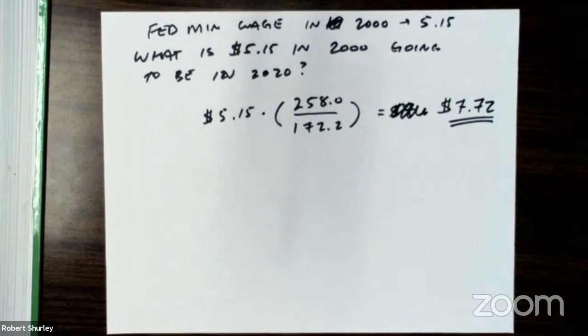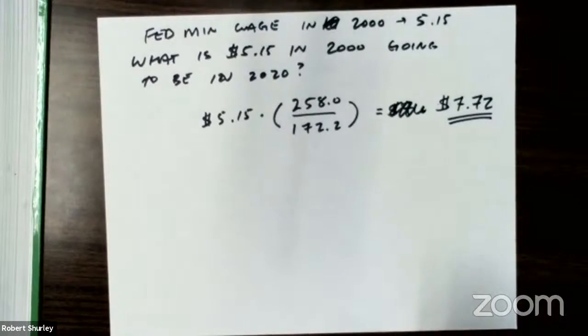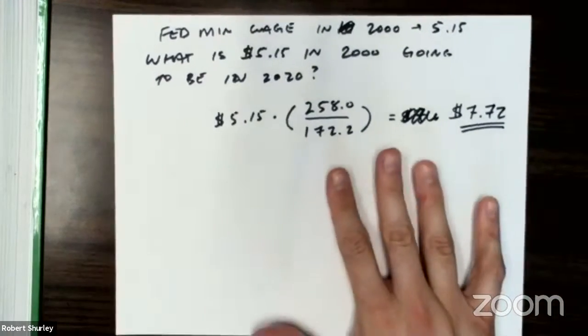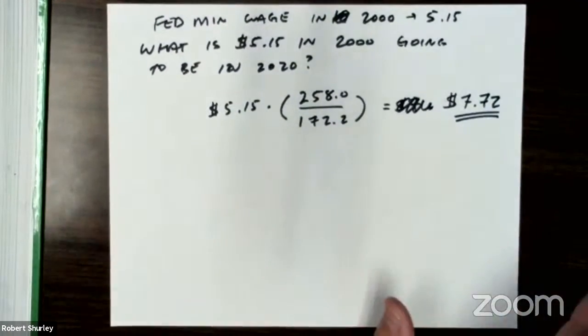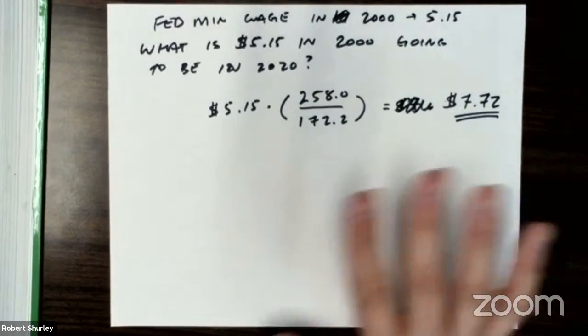Okay. Now, I'm not going to argue if that's too high or too low. That's for a different class. But it is kind of interesting how, with inflation, the federal minimum wage has kind of stayed consistent. So $5.15 in 2000 will buy you $7.72 now. If we want to argue what's the purpose of minimum wage, that's a different class, more like a political science class.